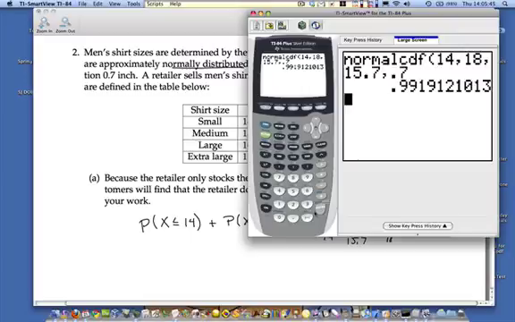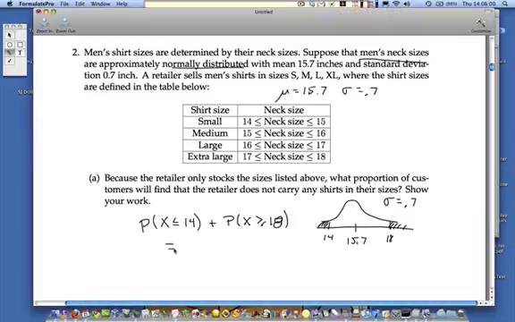So the probability of getting the correct shirt size is this. We'll subtract that from 1. Now, I'll get a negative. Probability is not negative. You guys understand why I did that, right? Okay. So the probability then is 0.0081. That's the probability of not finding a shirt in your size.